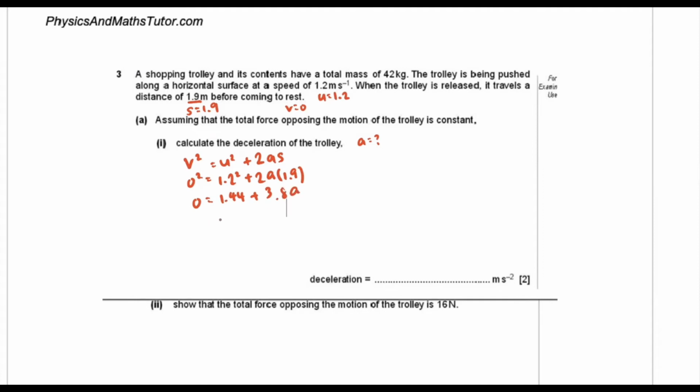Okay, so we solve for a: a equals minus 1.44 over 3.8. So we get a equal to negative 0.379 m/s². When you want to put it as deceleration, you can just remove the negative.